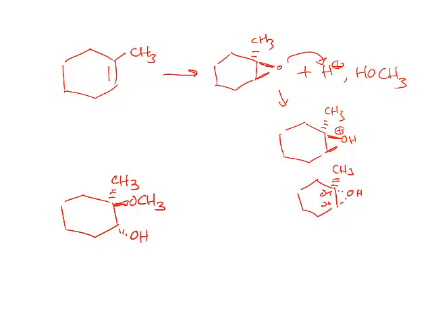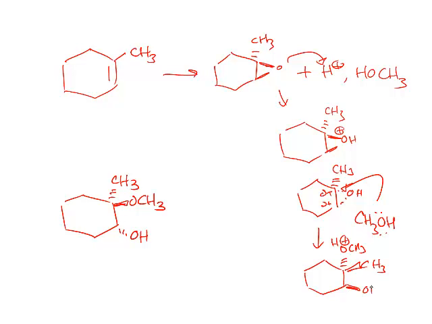Now I'm going to take my methanol, and it's going to attack which carbon? The top carbon. So it's going to come in and add from underneath. That means my methyl group is going to be pushed up, and then my OCH3 is going to be there, and then my OH is going to be like that.